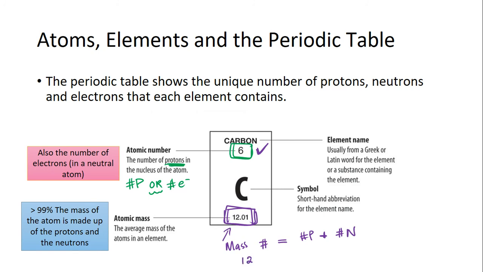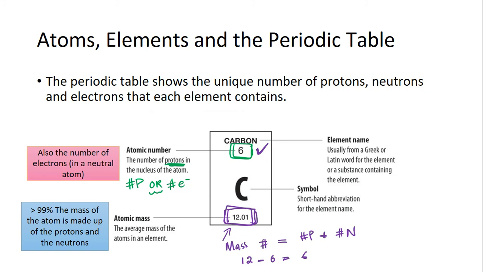If we round that to a whole number, it's 12. I know the number of protons because carbon's atomic number is 6. And my question is, what is the number of neutrons? You can just subtract the number of protons from the mass number to give us the number of neutrons, which is 6.